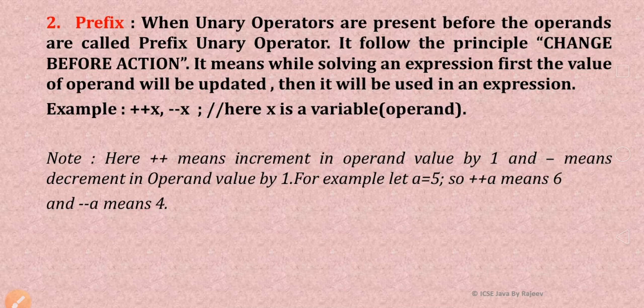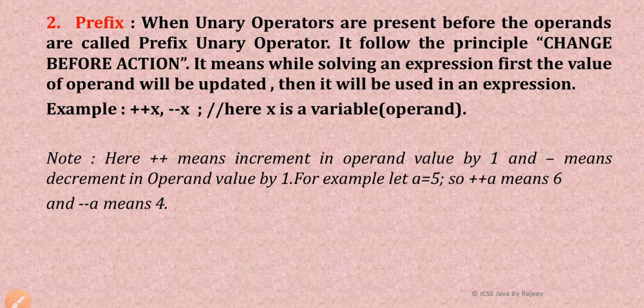So in this case we first change the value, then we use the value in the expression. Example: plus plus x, minus minus x. Here x is a variable. You can see that the unary operator is present before the variable x, so it is representing a prefix unary operator.